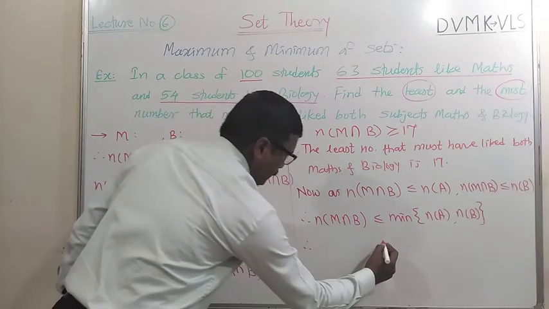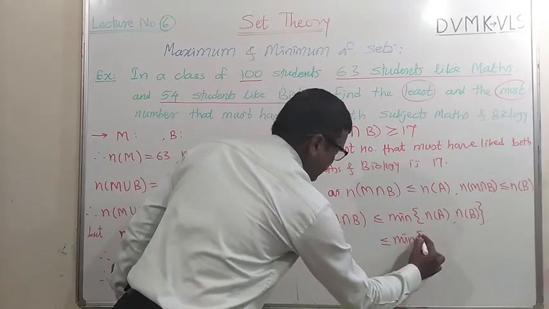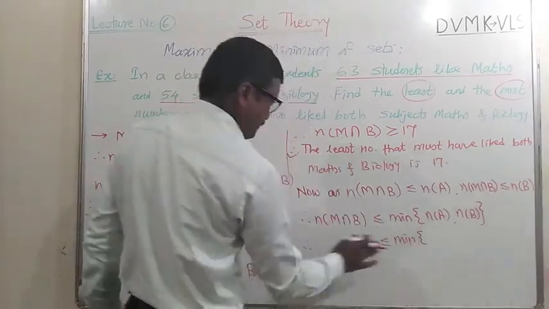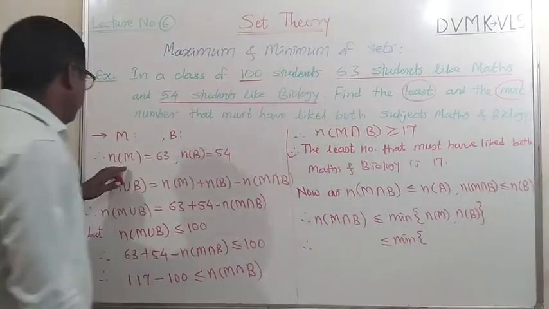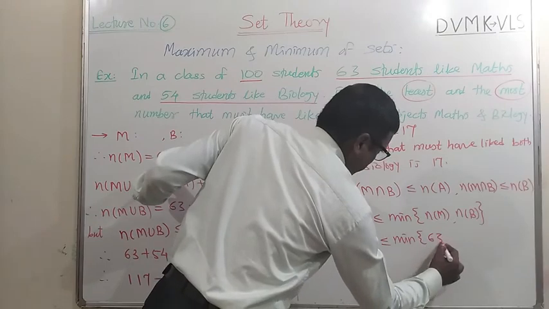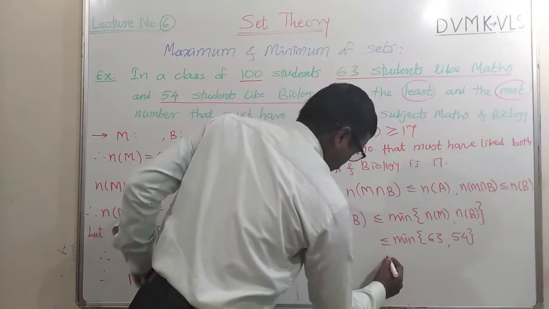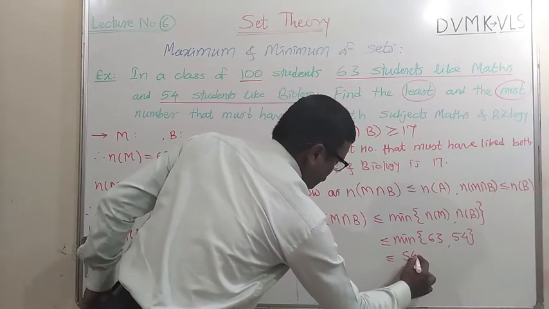Therefore, we get this is equal to the minimum of the number of elements, not A here, sorry, N. So the number of elements in set M is 63 and in set B it is 54. So the minimum of these two is 54.